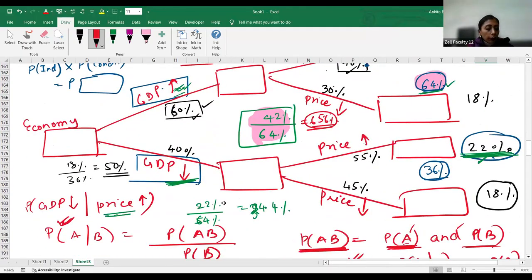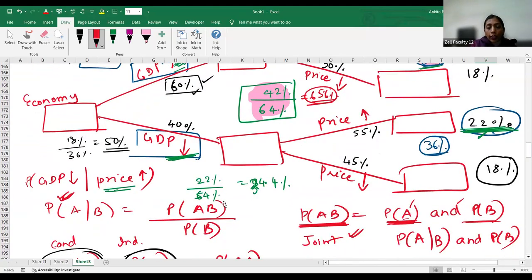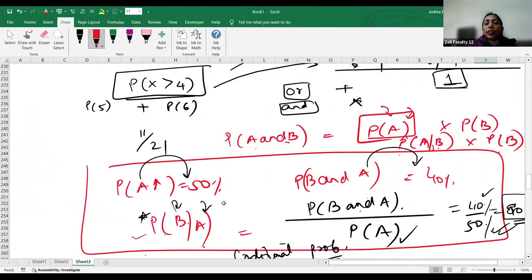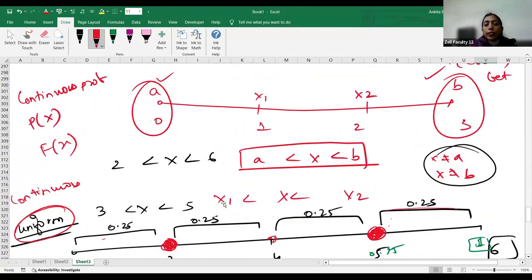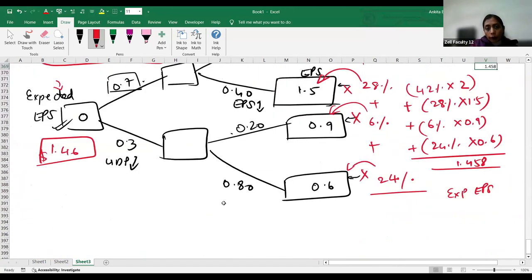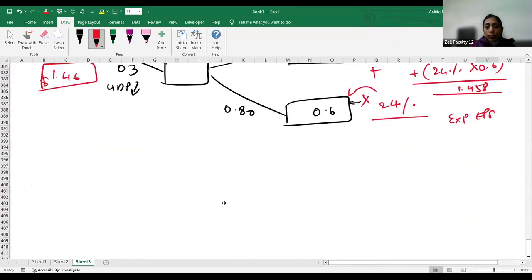Then we did continuous probability, continuous uniform, and continuous non-uniform. Then we talked about this tree diagram through which we can calculate probabilities, and through this tree diagram, we can also calculate the expected value. This is what we have done so far. Any doubts still here?